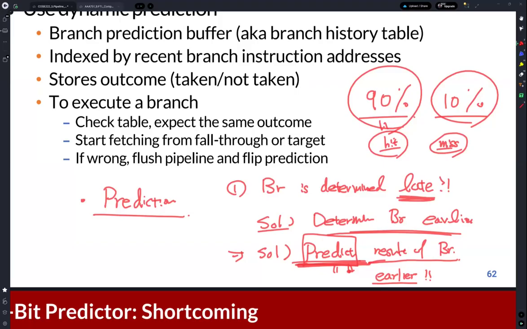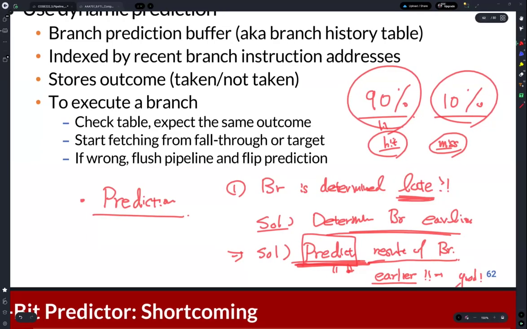If this prediction is true, then it's just good. Then if the prediction is incorrect, we can just cancel the incorrectly fetched instruction, right?